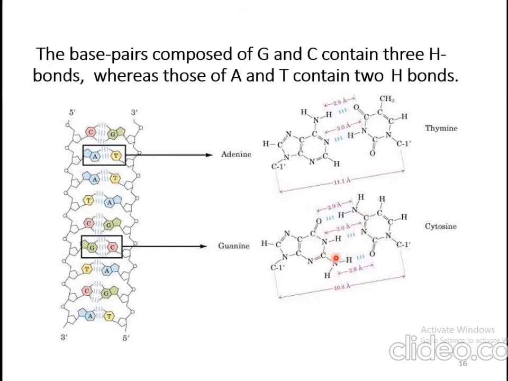There are 3 bonds formed between cytosine and guanine, and 2 bonds formed between adenine and thymine, between hydrogen and oxygen and nitrogen. You can see this hydrogen bonding is developed between hydrogen, oxygen and nitrogen.